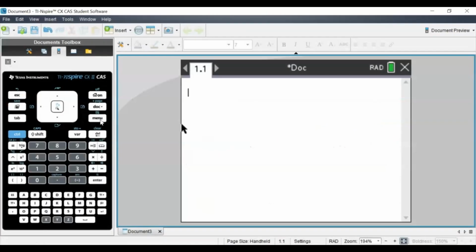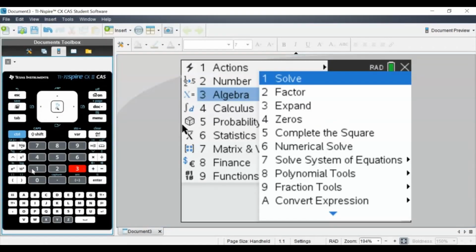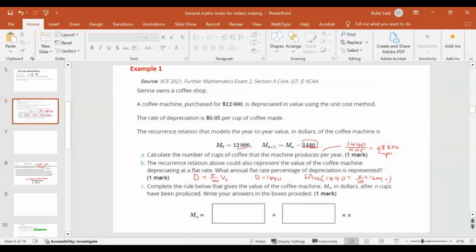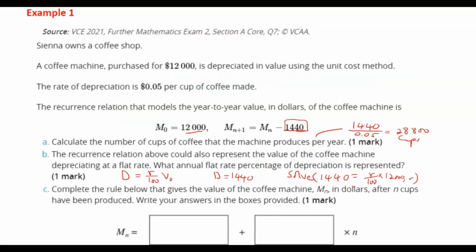Press menu number 3 1, and I'm just going to write 1440 equals, control division sign, put R there over 100 times 12,000, comma R. So that gives us 12%. The flat rate is 12% per annum.